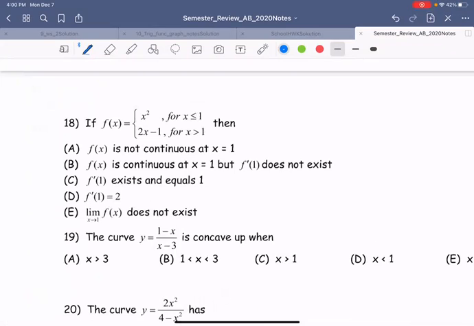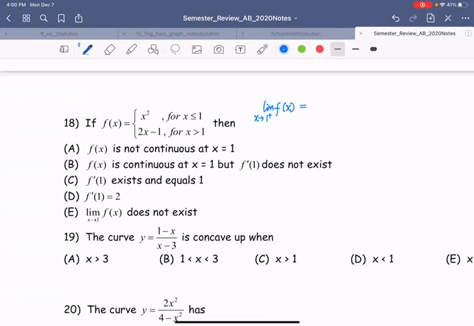Right here, they ask you which one this is. So you choose f(x), limit as x goes to 1 plus, on the right.